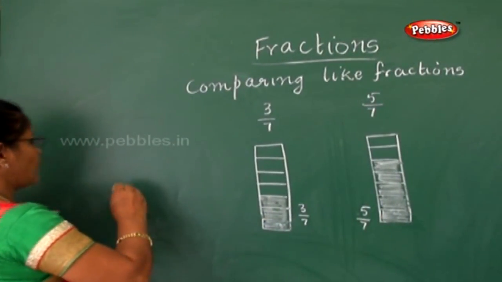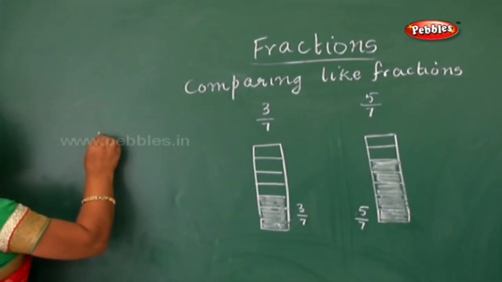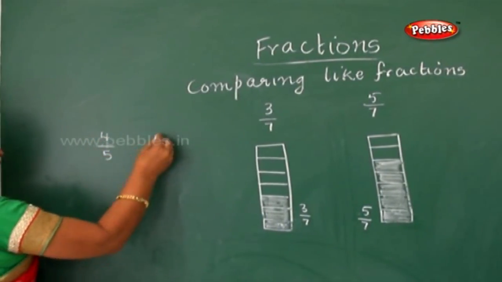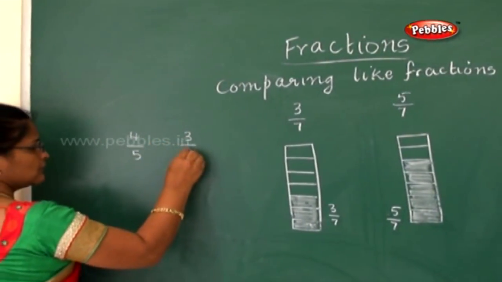So 3 by 7 is lesser than 5 by 7. See, with this I'll tell you one more sum. I'll just teach you one more sum. 4 by 5 and 3 by 5.